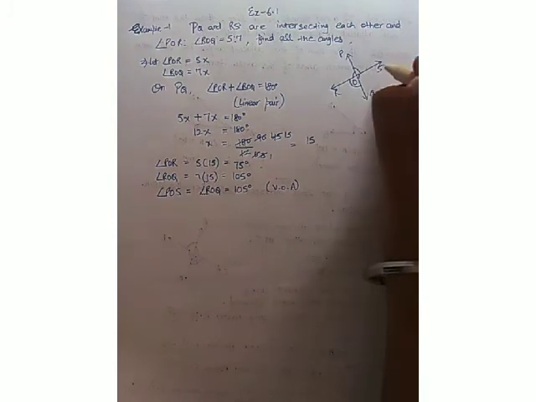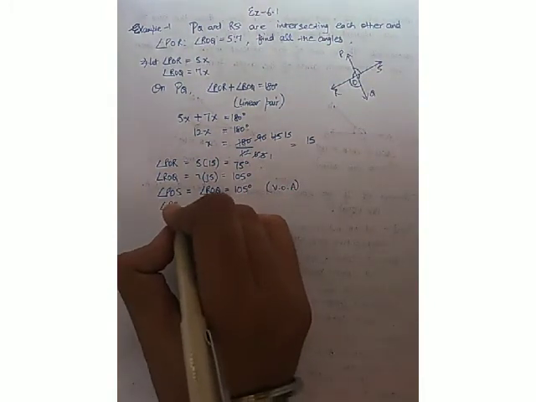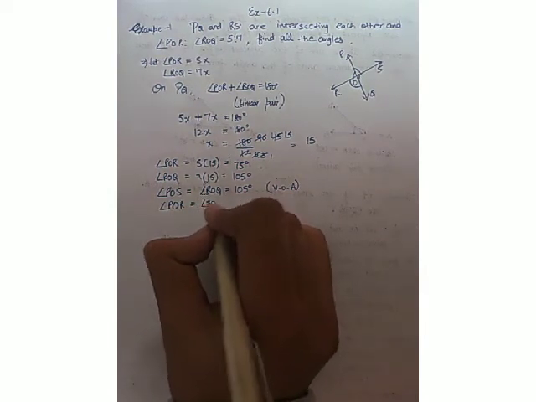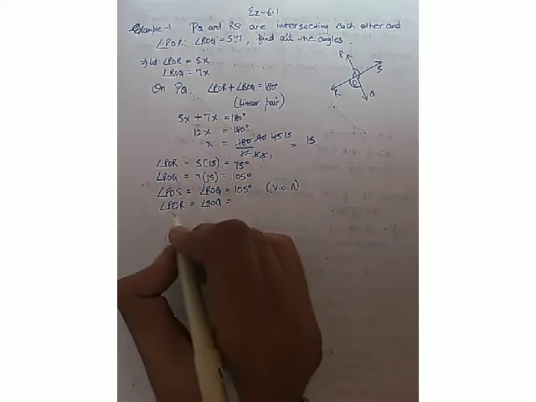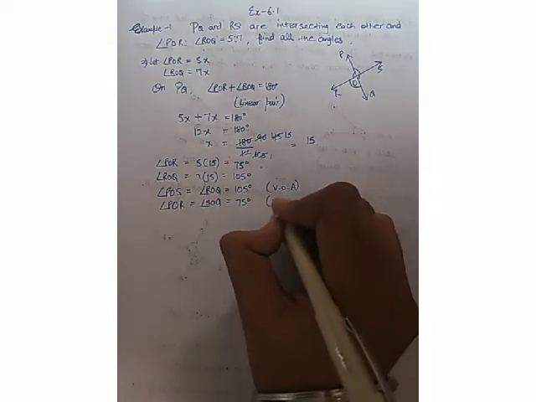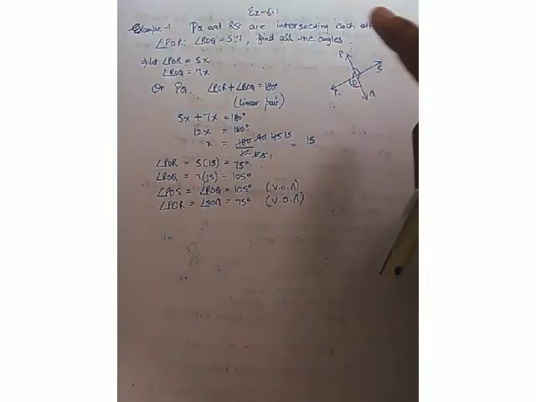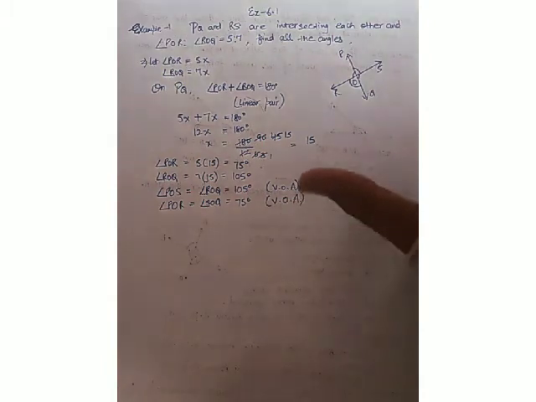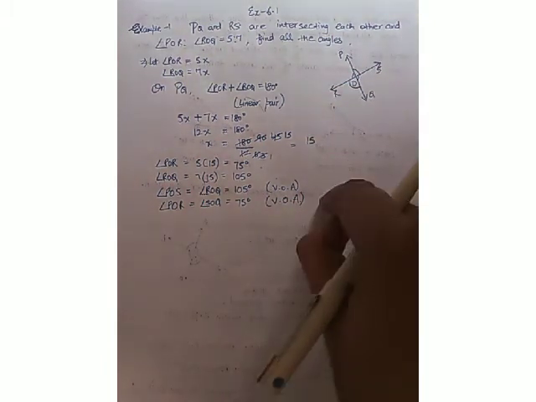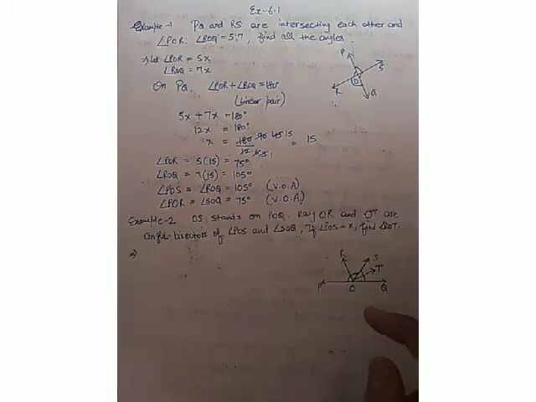In a similar way, SOQ will be equal to POR. So what is angle POR? That is 75 degrees, and so will be SOQ. Why? Because these are also vertically opposite angles. So there were in total 4 angles in the given diagram, and we have found all of the 4 angles using various properties of linear pairs and vertically opposite angles that we have learned in the introduction of this chapter. So with this, example first is done.